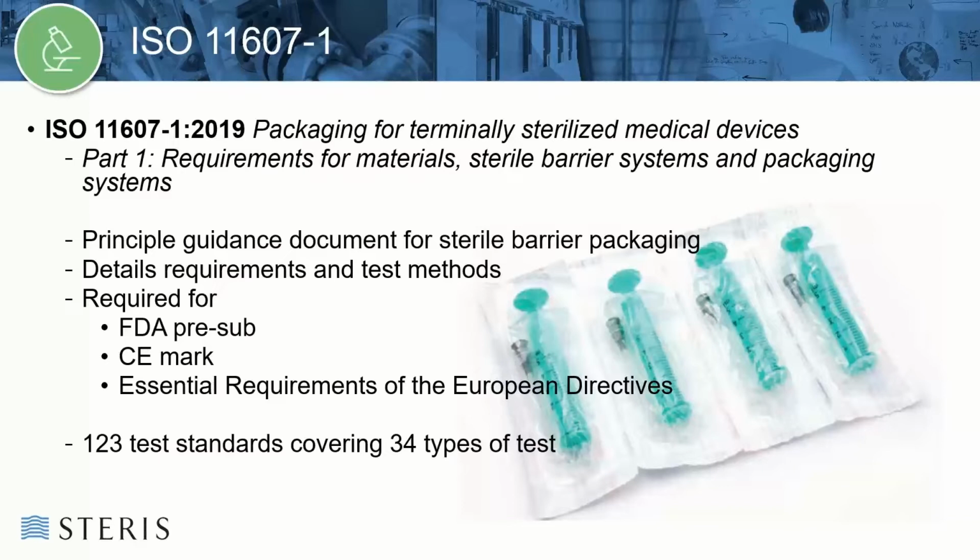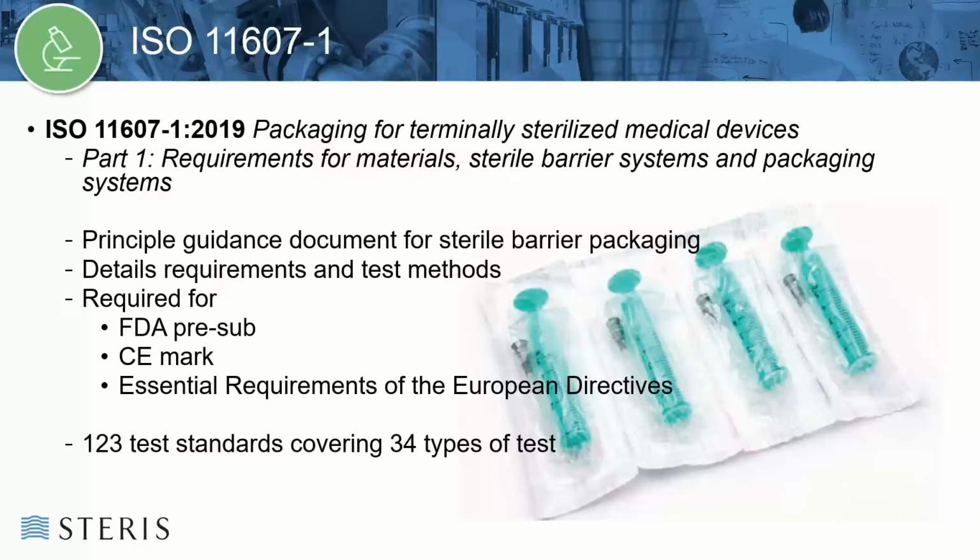One of the things that it brings up in 11607 is that packaging tends to get less attention during the design process than the device itself does. And 11607 states that sterile barrier systems must be considered a component of the actual device.